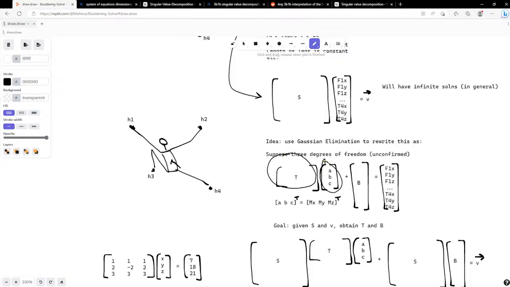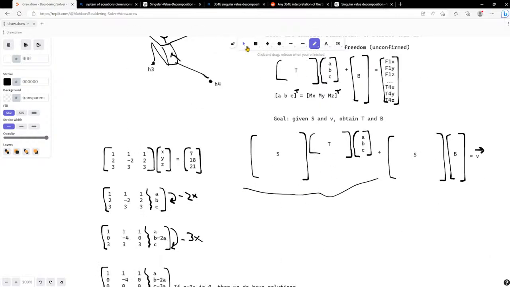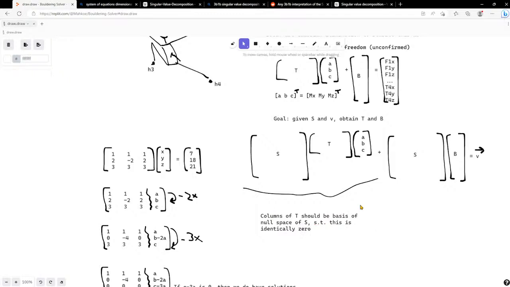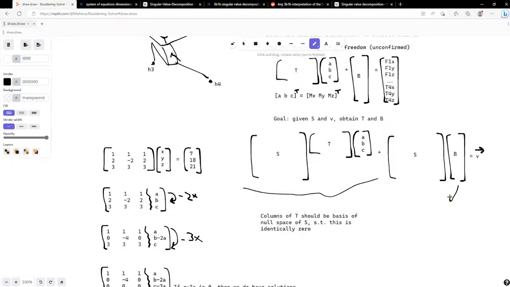So anything I do here will, yeah, this is identically zero. Columns of T should be basis of null space of S such that this is identically zero. And this B is any arbitrary solution.